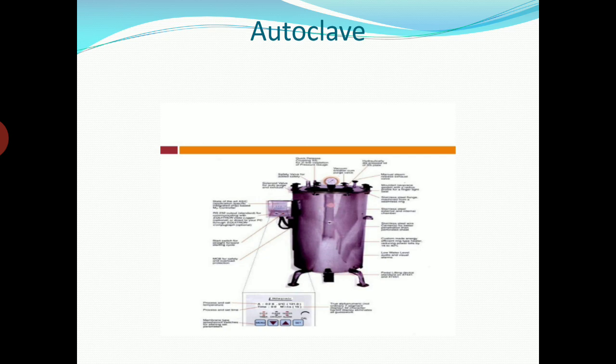It can withstand high temperature. A perforated metal tray is provided within the barrel, which is used for keeping those articles which are to be sterilized. The water present below the perforated tray is boiled by an electric heater to produce the steam.